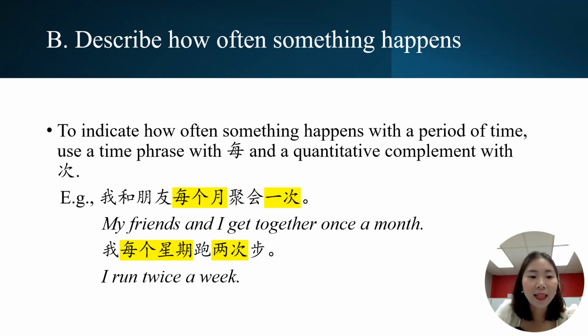To indicate how often something happens within a period of time, use a time phrase with 每 and a quantitative complement with 次. 我和朋友每个月聚会1次. My friend and I get together once a month. 我每个星期跑2次步. I run twice a week.